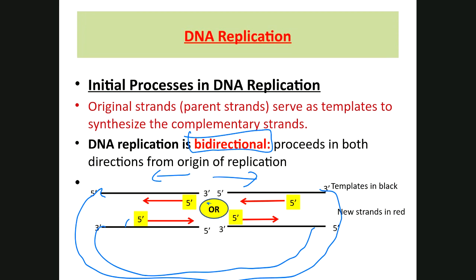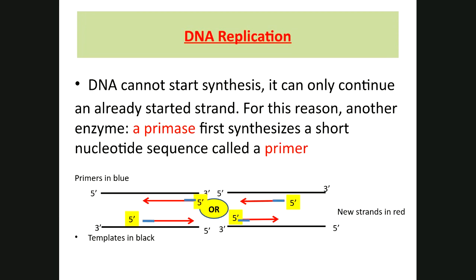In order for DNA polymerase to copy the 3' strand, it's going to have to be moving in the direction away from the origin of replication. That would be the 5' nucleotide, and it will proceed 5' to 3'. The last nucleotide put in will be a 3' nucleotide. So there is no problem there.